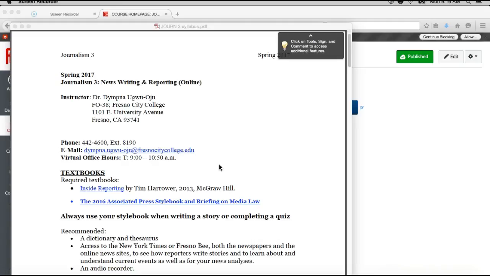But also, the other book that you need is the AP style book. Get the most recent. You can also subscribe online. You need the style book because it is the book that we use in the same way that you've used your MLA handbook or your APA handbook. In journalism, what we use is the AP style book.